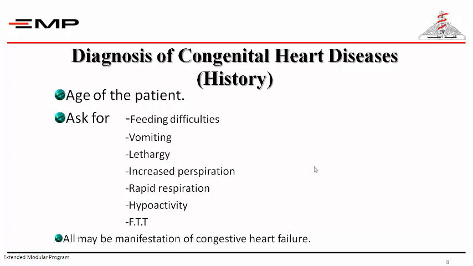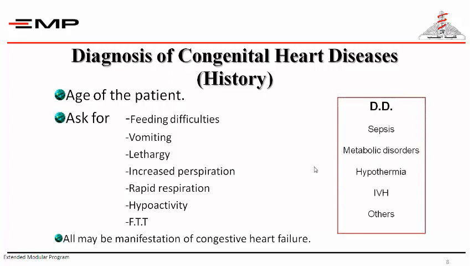Also we need to ask about feeding difficulties, vomiting, lethargy, increased respiration, rapid respiration, tachypnea, hypoactivity, and failure to thrive. All these symptoms we need to ask for, and they are the symptoms of the presence of congenital heart disease in this infant. All may be a manifestation of congestive heart failure also, if the disease is big and severe.